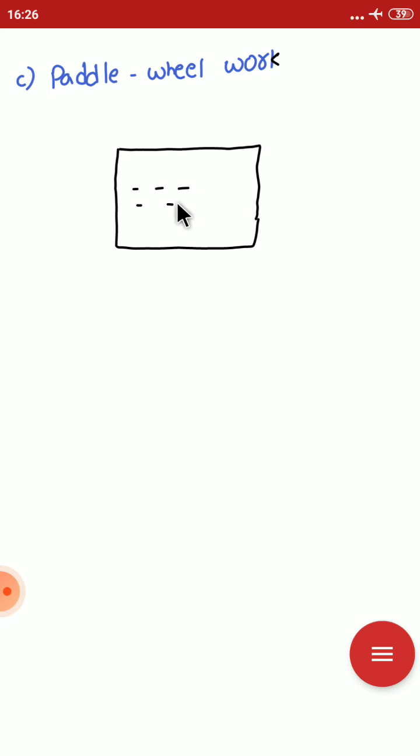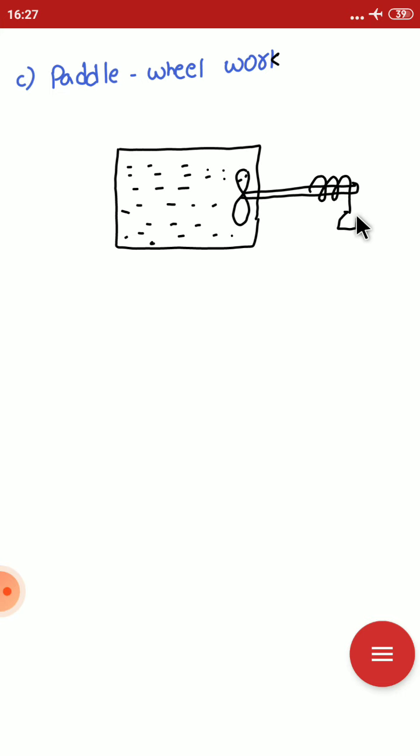Now the fluid is considered as a system, enclosed by a tank. There is a paddle wheel arrangement. There is a wire which is wound on this and hanging with a unit mass m.